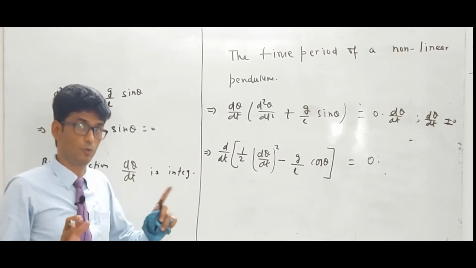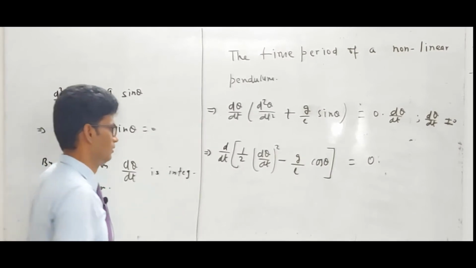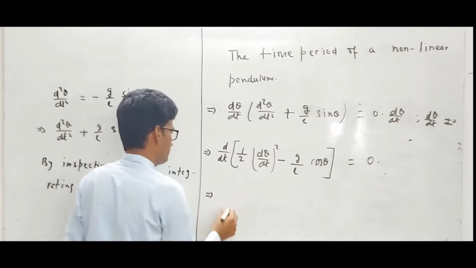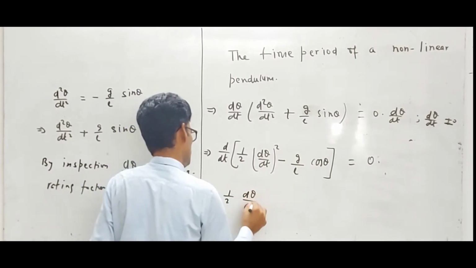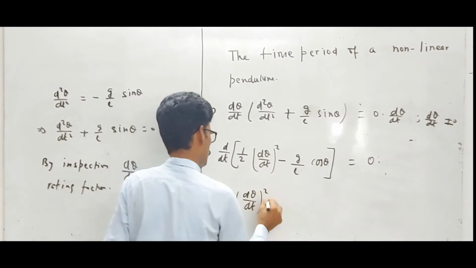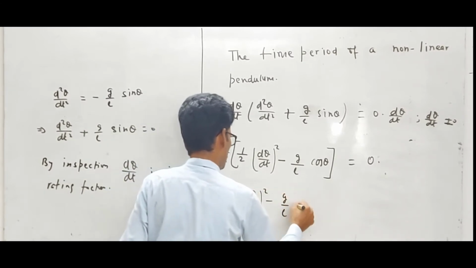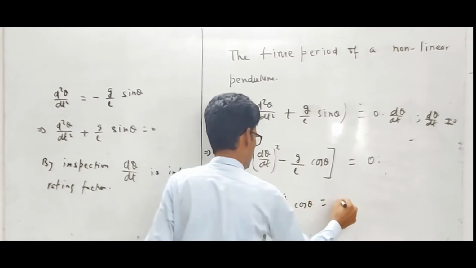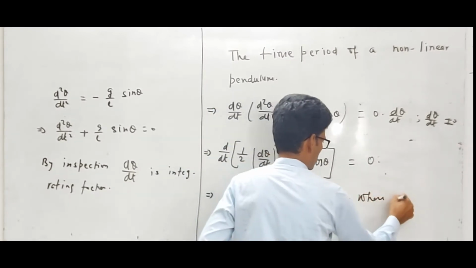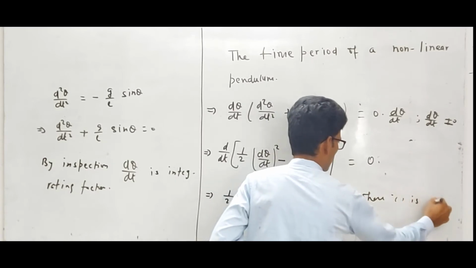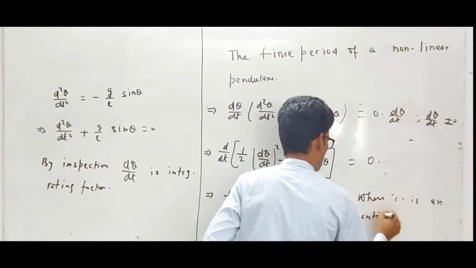So now we find the anti-derivative here. This implies half d theta by dt whole square minus g by L cos theta is equal to, say, c, where c is an anti-derivative constant.